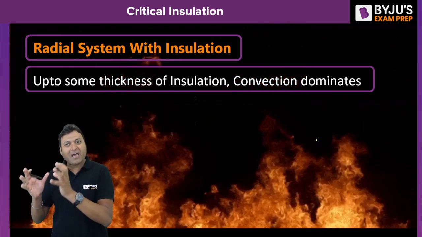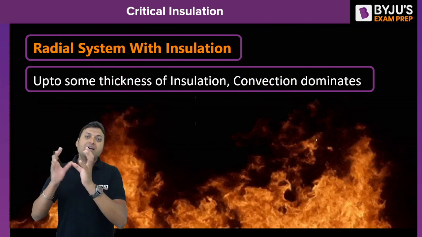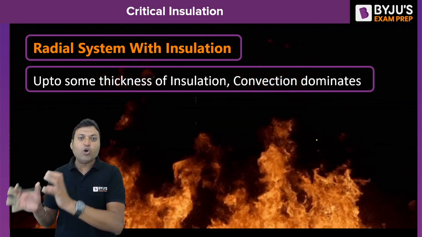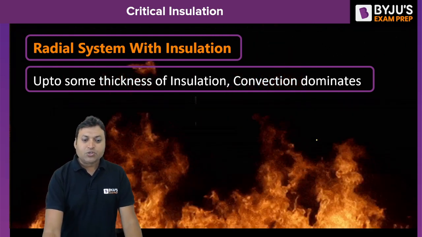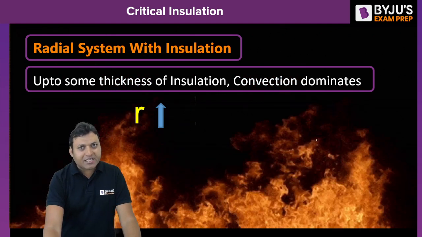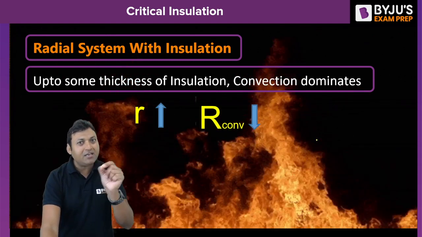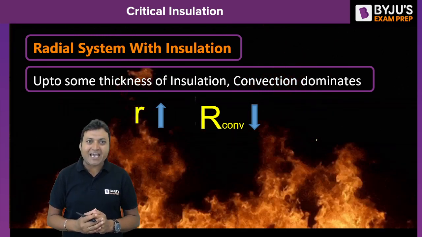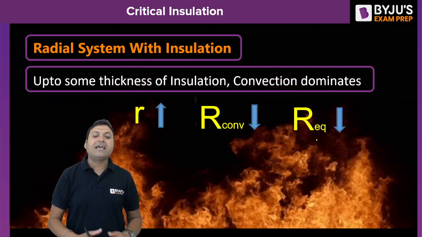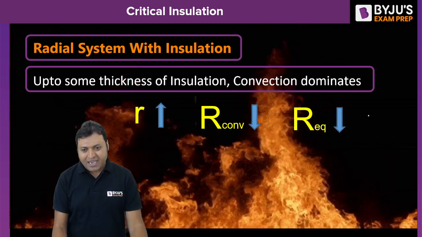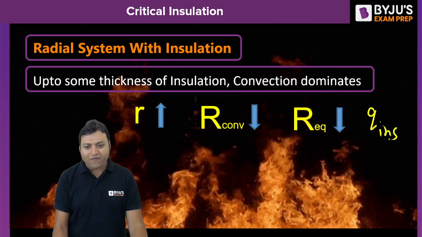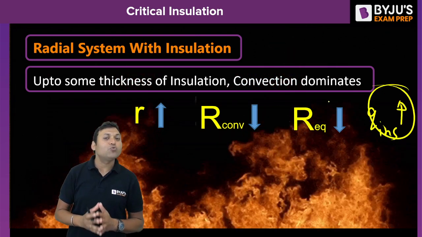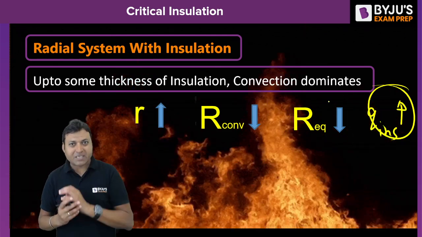So by increasing the radius of insulation, we only focus on the convection. Convective thermal resistance will decrease because of the increase in area, and that will decrease the equivalent thermal resistance. And we can say Q after insulation will increase because Q is inversely proportional to equivalent resistance. That is up to some thickness.